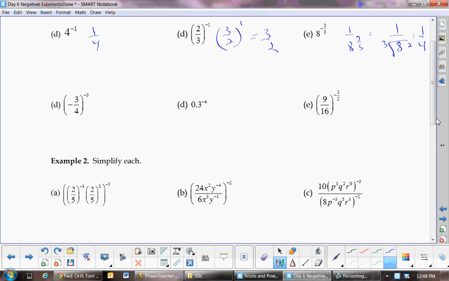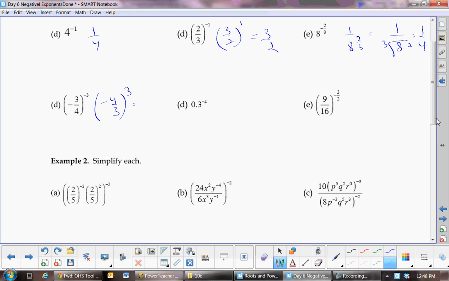Okay? How would you do D? Yes. That makes sense? 4 over. Yeah, you can put the negative anywhere, I always put it on the top. Now, we can cube negative 4, right?